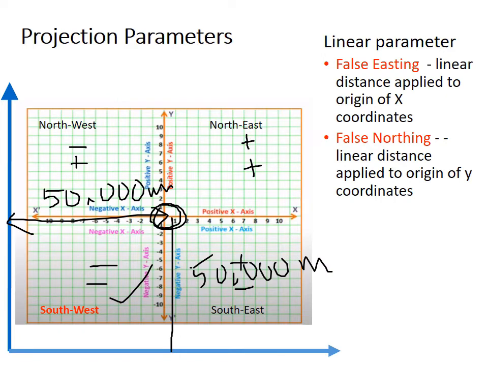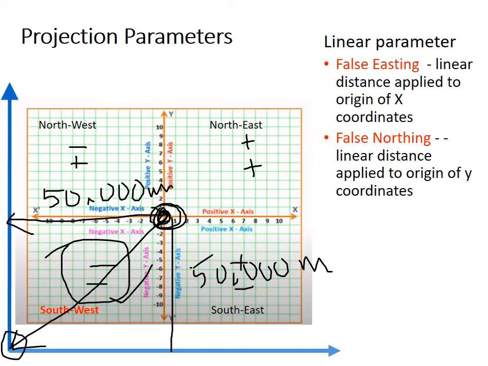So now my new origin is not located here. My new origin is transferred to this point, which means that there are no negative values which we earlier had. Now all the points in the map are taken from this reference.